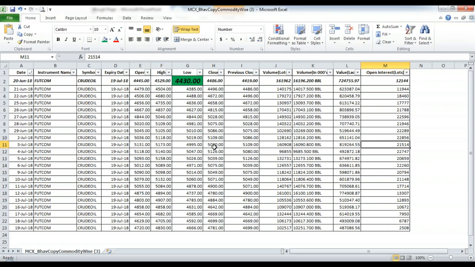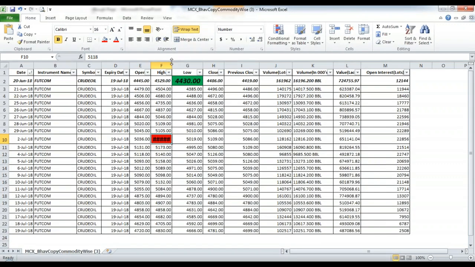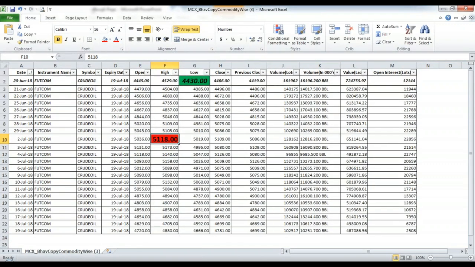The answer is no. Is there a resistance over here? 5118. Is this the resistance? The answer is yes. Correct? Have you understood this? No, sir. Okay. So here is the resistance and here is the support.